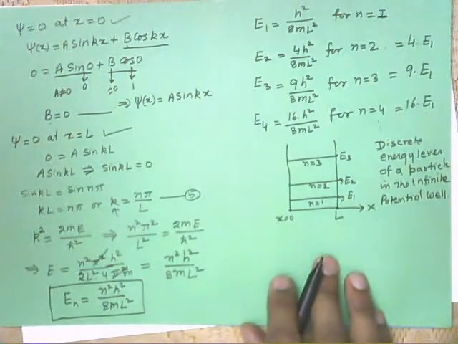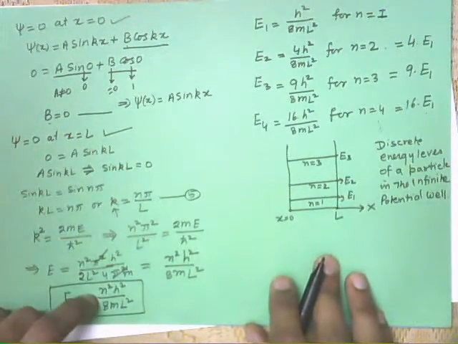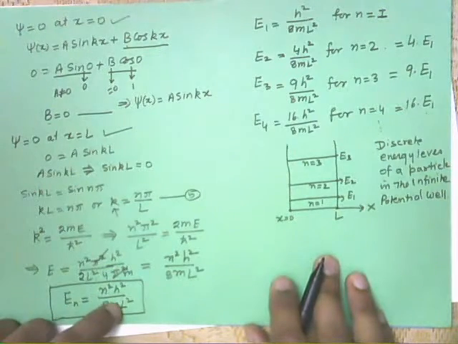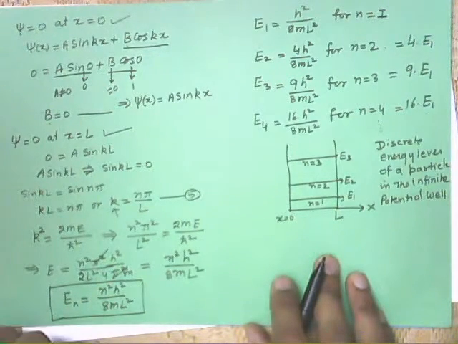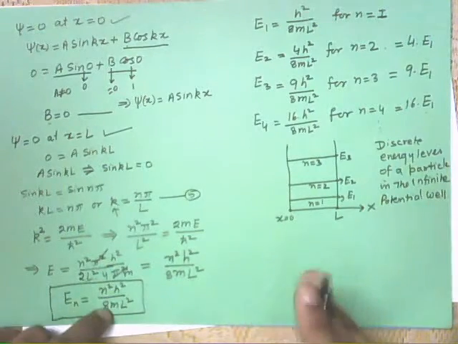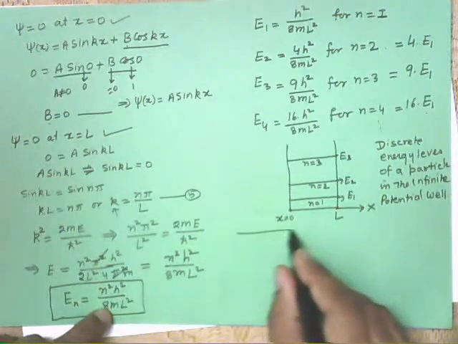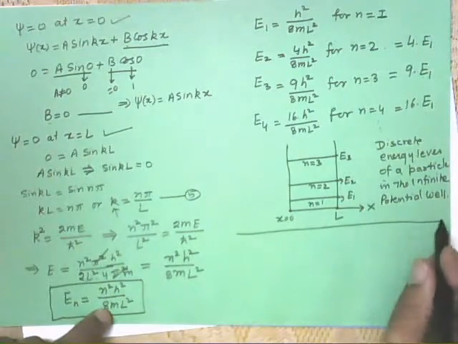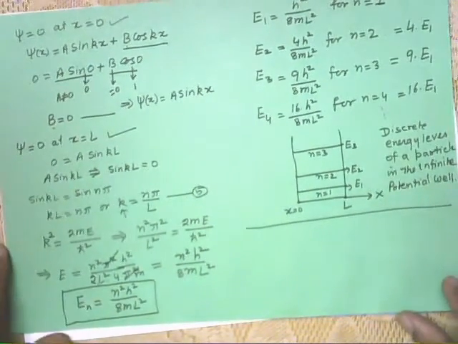So this was the discussion about the energy of the particle in an infinite potential well. Now we have to find out the wave function of that particle, of that electron inside the well.